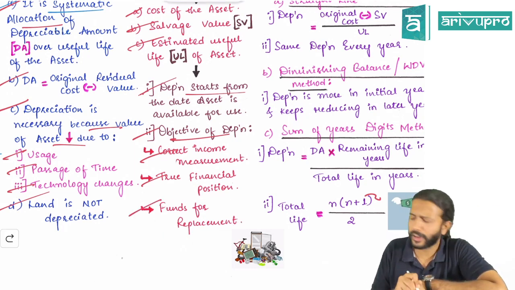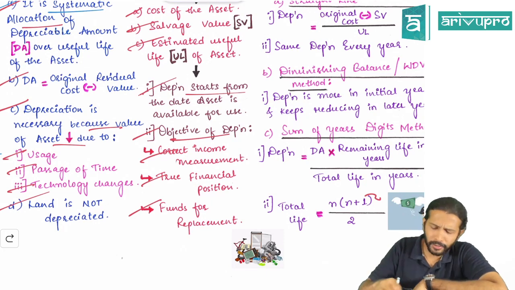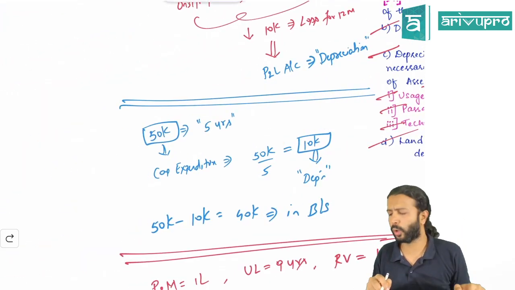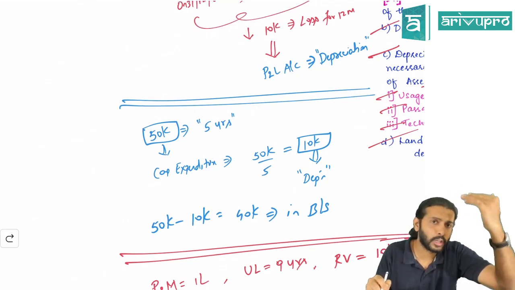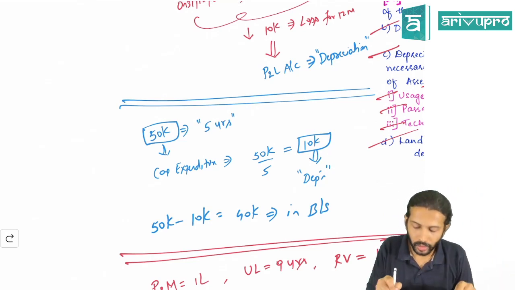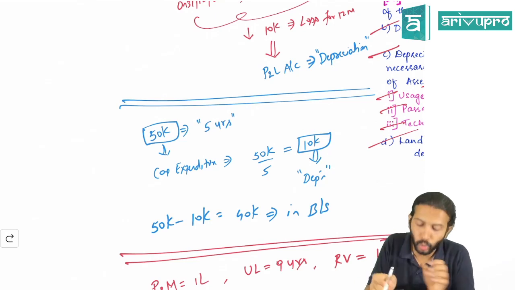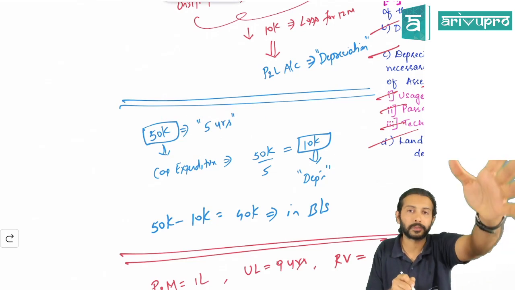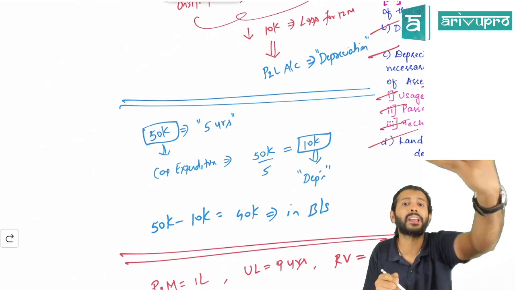Third aspect, fund for replacement. Every year, by charging depreciation, mentally that becomes a checkpoint for you. What checkpoint? My asset's value is going on reducing. That means what will run in the back of my head? I have to keep some fund to replace the asset. This asset will not last forever. After 5 years, I need to buy another asset.